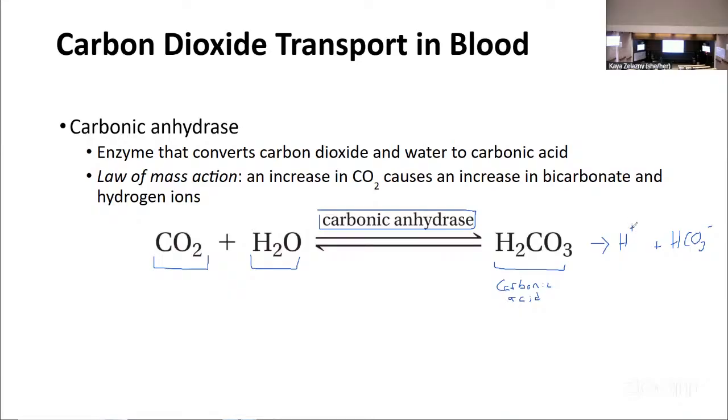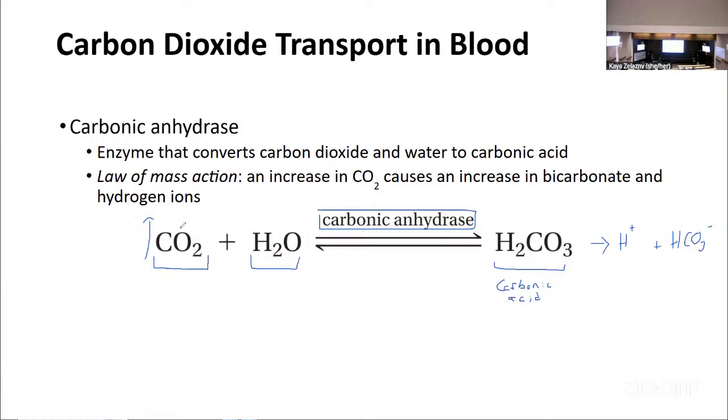Okay, so what happens here when we see increases in carbon dioxide, right? So you've got a buildup of carbon dioxide. This means we've got more of our reactants here on the left-hand side of the equation. So it pushes this reaction to the right a bit, right?